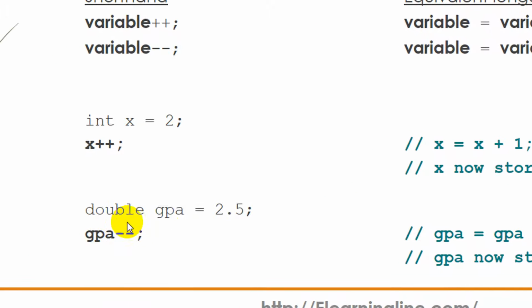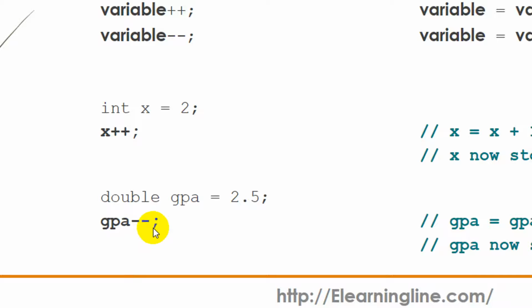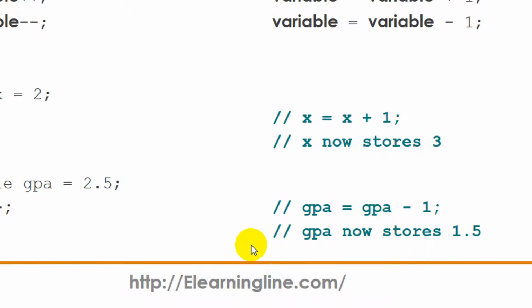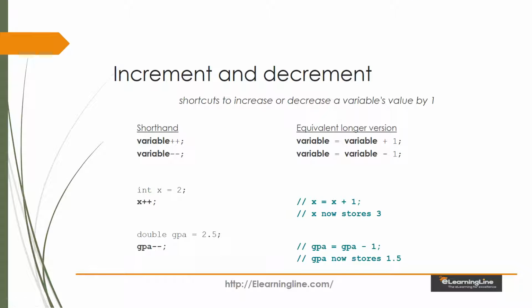So the output is going to be 3. When you do double GPA equal to 2.5 and you execute GPA minus minus, that means GPA equal to GPA minus 1. It's the same statement as this one. So the output is going to be 1.5. Okay, let's try this out.